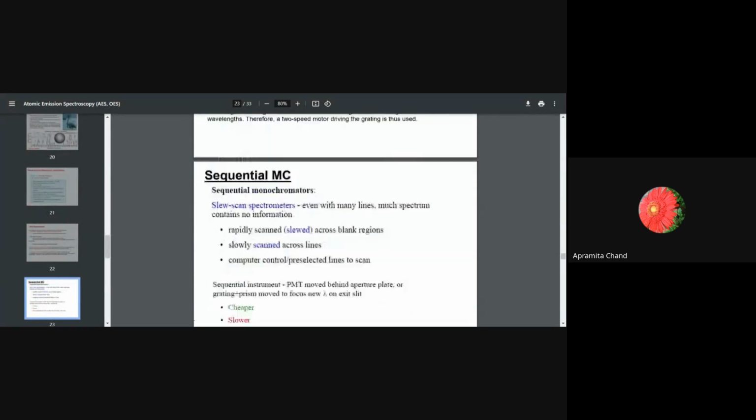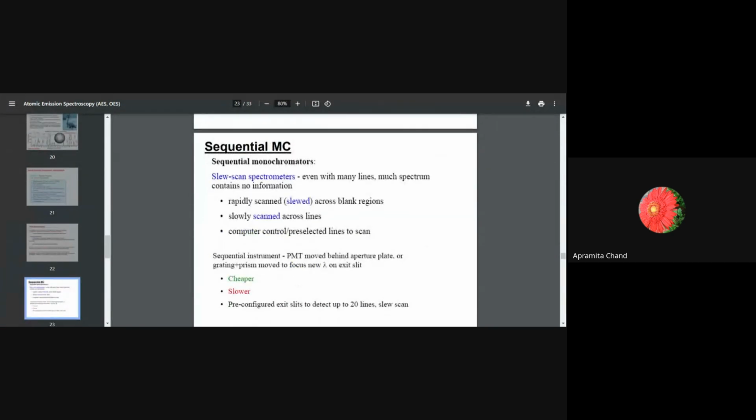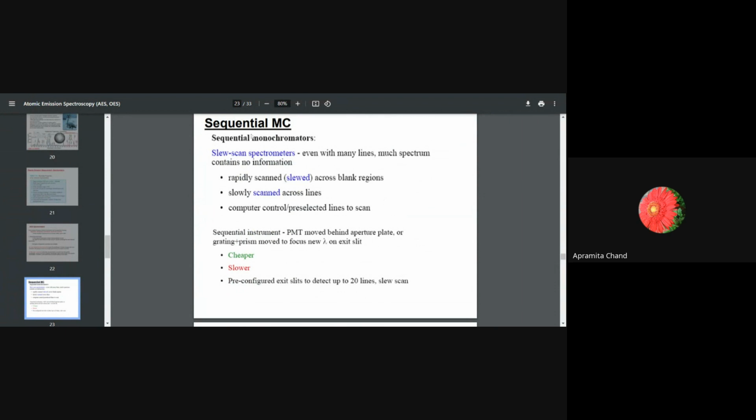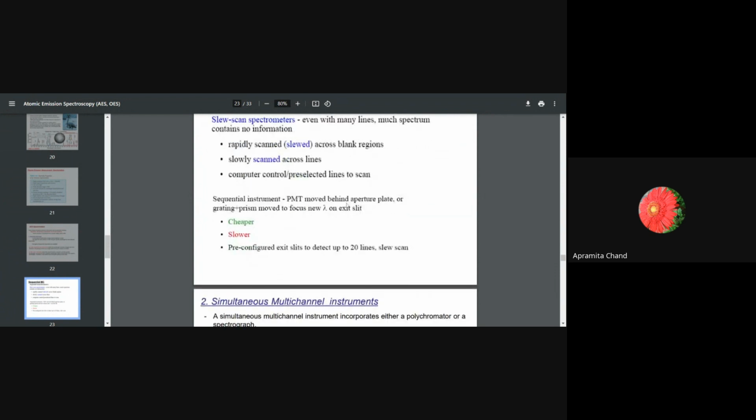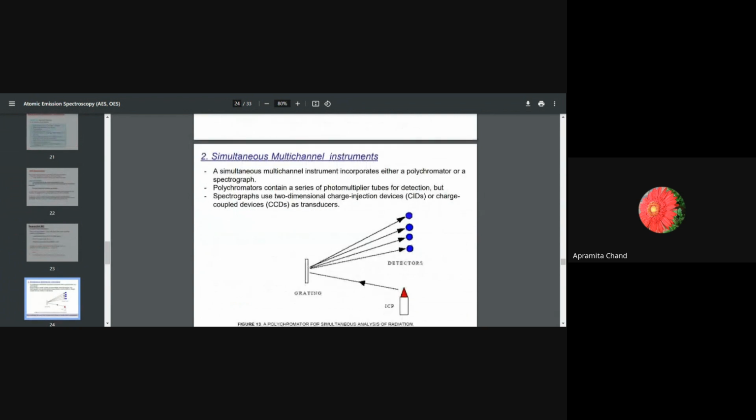So different kinds of monochromators have also been asked in one of the questions. Role of monochromators: what kind of monochromators are there? Sequential monochromators are there, where the spectrometers are slowly scanned or rapidly scanned across blank regions. What is the difference between normal monochromators and sequential monochromators? This can be a potential question.